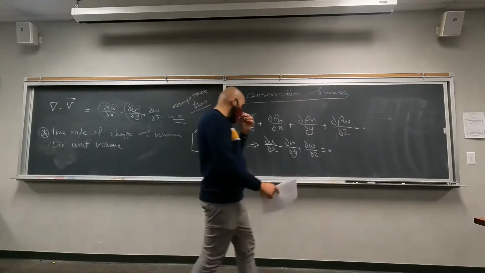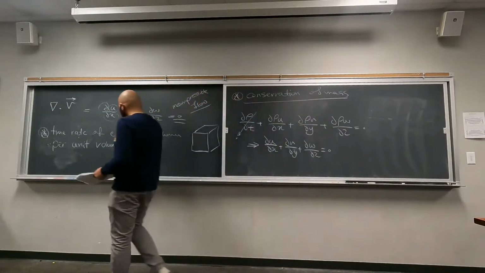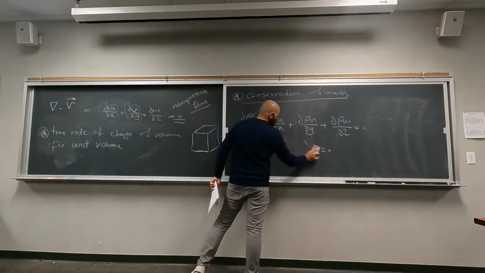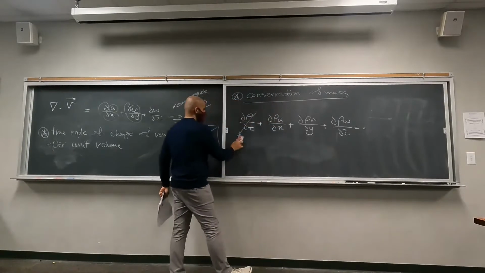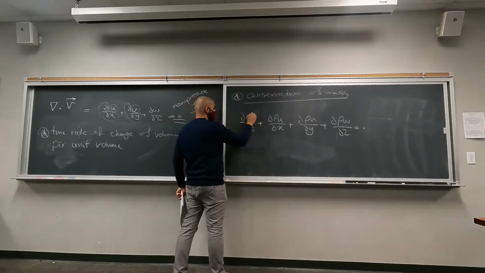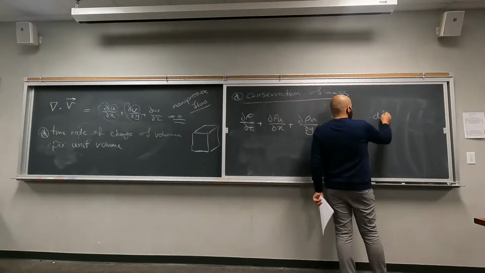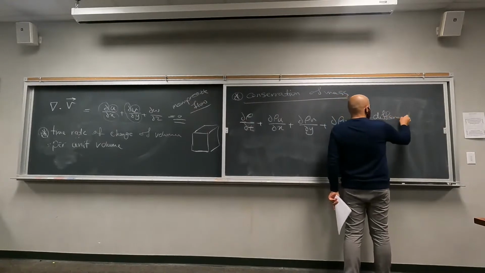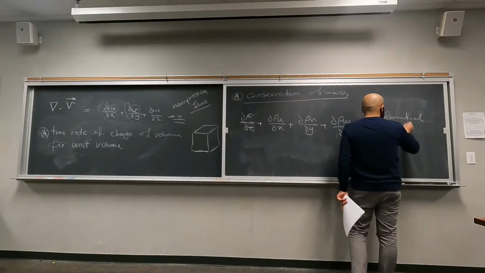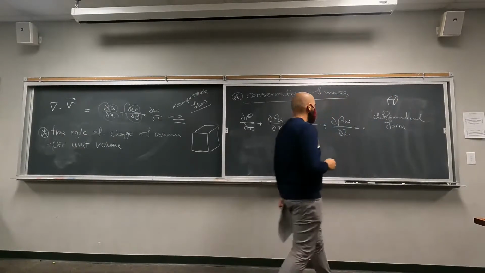Okay. We can have different representations of the same equation. This type of representation is called the differential form of the equation, which essentially means that we have found the equation for a very small element of the flow.